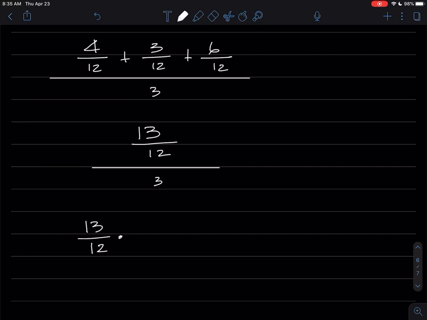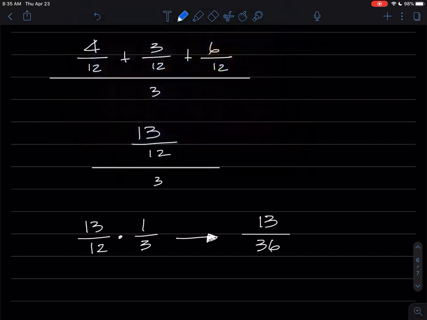So instead of dividing by 3, we're going to multiply by 1/3. Because we're multiplying, we can multiply straight across. So when we multiply straight across, we end up with 13 times 1 divided by 3 times 12, which is 36. 13 is prime and does not go into 36, and so this problem is done.